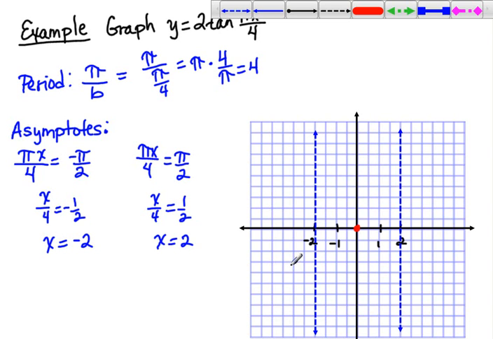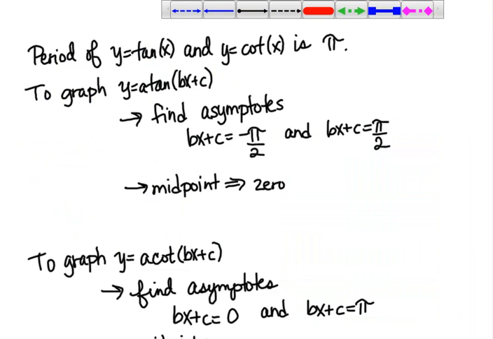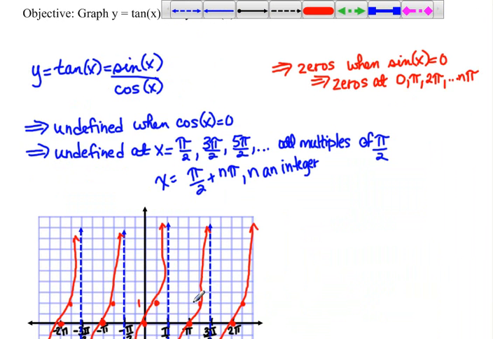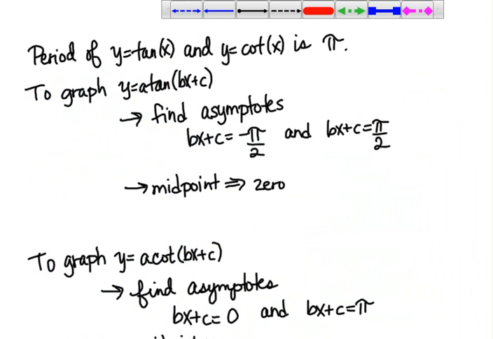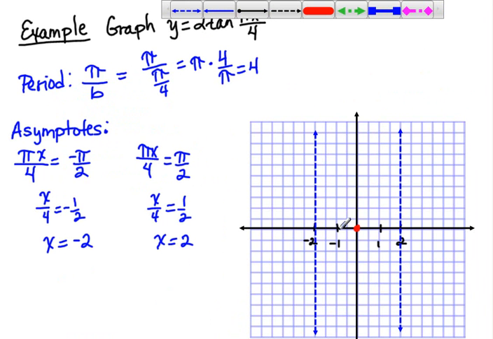And then halfway between there it reaches a value of 1 and negative 1. So think about the way the tangent does, and if you need to go back and look at that, tangent starts below and goes up. So at negative 1 we're going to have negative 1, and at 1 we'll have positive 1. And so the graph would look like this.